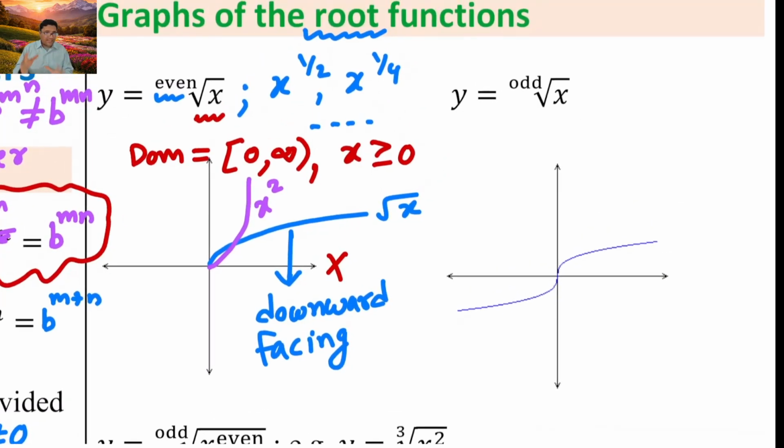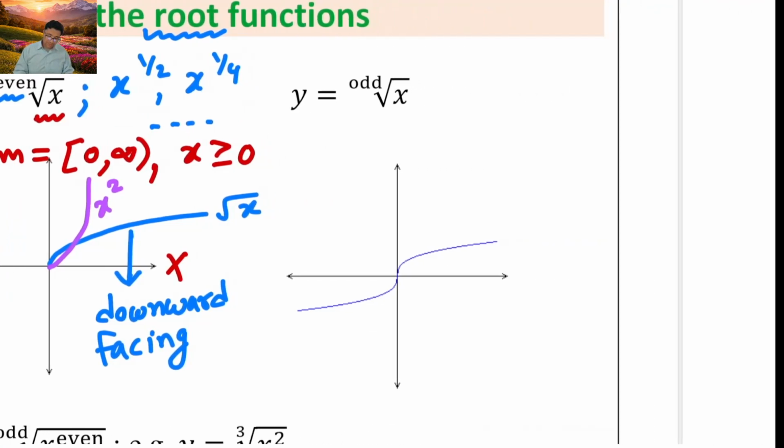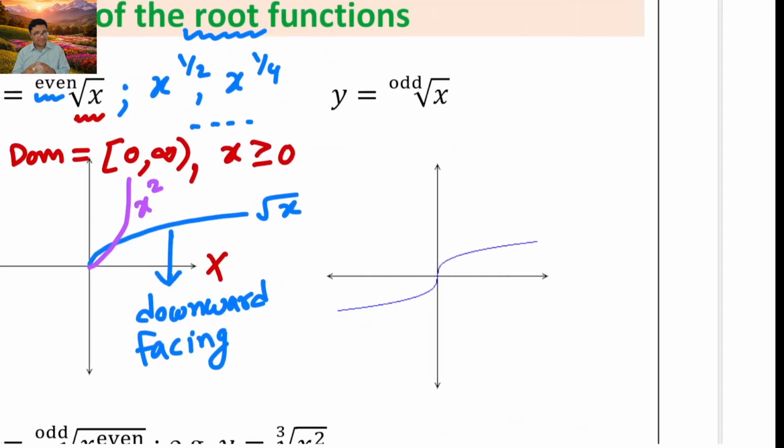All right, I'm trying to recall and discuss as many features as you can see in the graph. Whereas if you do the same thing with an odd exponent, odd root, you can define it for negative numbers as well. So you see it on the negative side also. It grows. On the right side, you can see it similar to even root. Only difference is now it is also on the negative side.